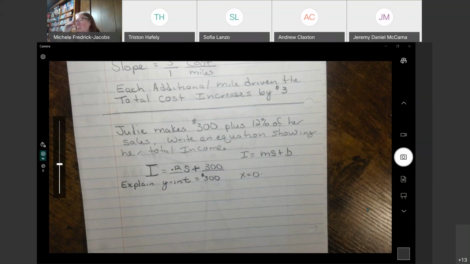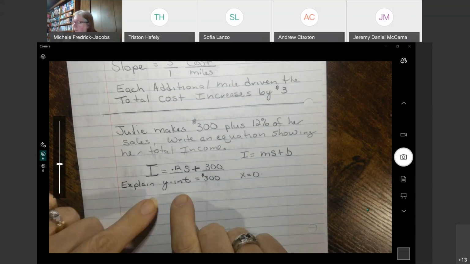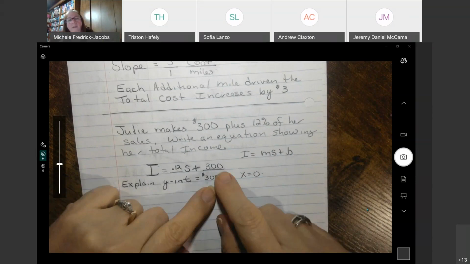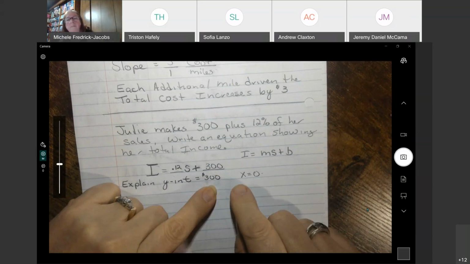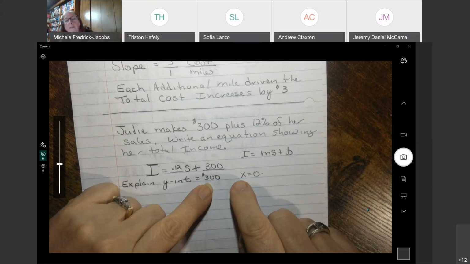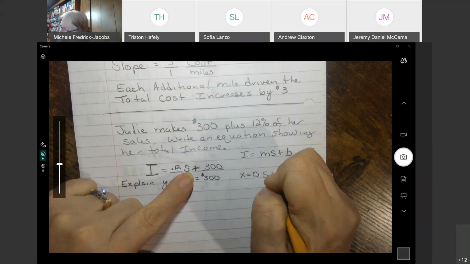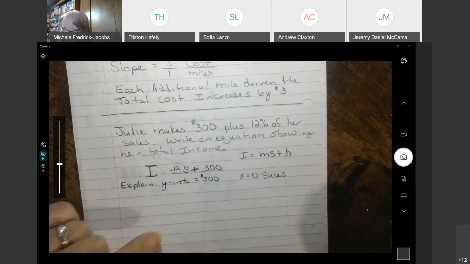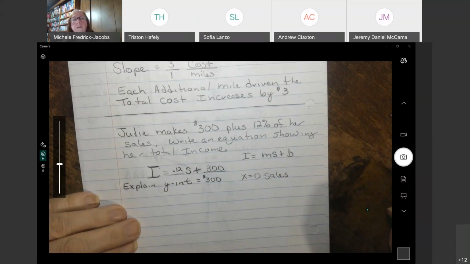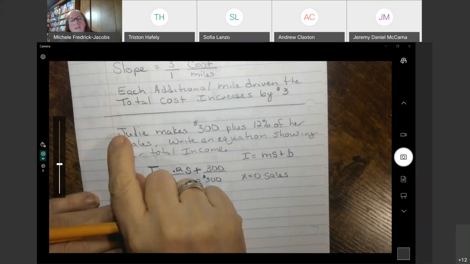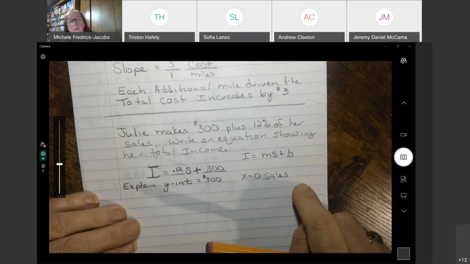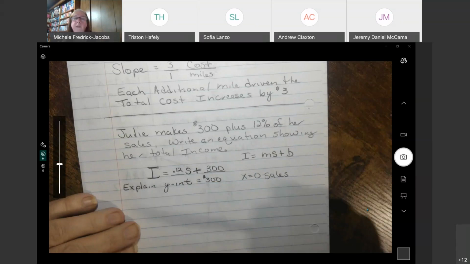Does everyone have something written or a thought in their mind? So the y-intercept is 300 because it's the part by itself. The y-intercept is when x is 0. In this case, x is our sales. So what it means is if Julie has no sales, she makes $300.